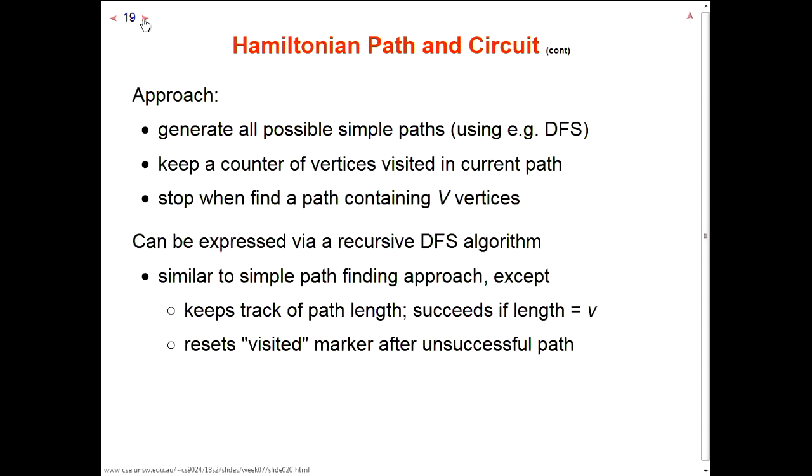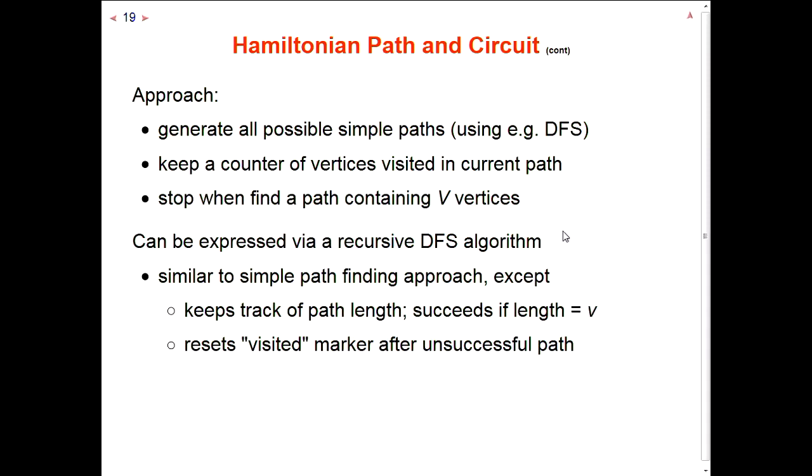But there are other graphs where this is fairly difficult. And rather than doing this by hand, here is an approach that allows us to answer the question. The basic idea is that we generate all possible simple paths that don't go through cycles, using, for example, depth-first search. We have seen that DFS is a nice method to do this.